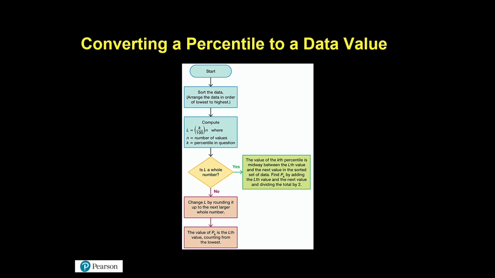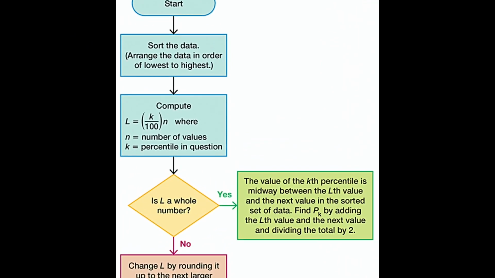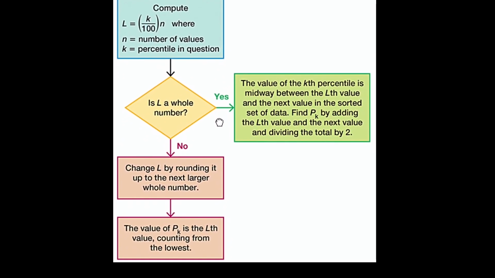Okay, so returning to this flowchart and zooming in. Now L equals 28, and because 28 is a whole number, that means the answer here is yes. Is L a whole number? Yes. So now we're looking at this green portion to the right, this box over here.